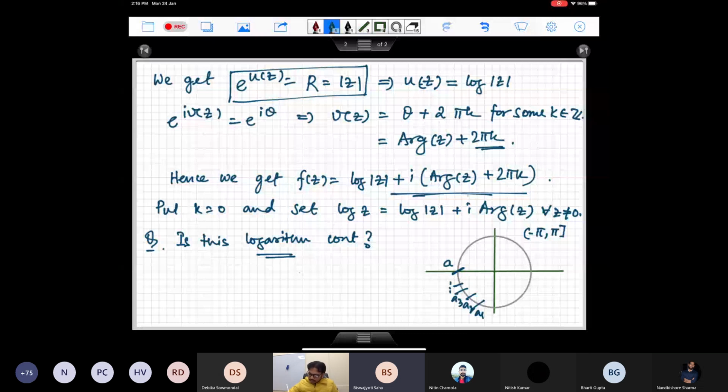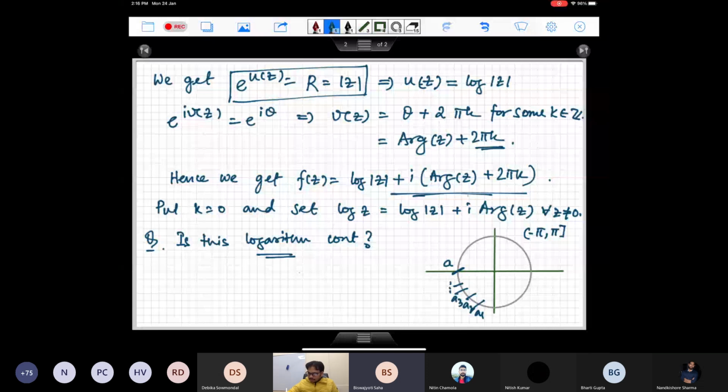If we take the argument of each of these a1, a2, a3, they are rather close to minus pi. So when an approaches a, their argument approaches minus pi, whereas the argument for a is plus pi. That is what we have taken over here. So this clearly shows that the argument, whatever choice we have made, is not going to be continuous.